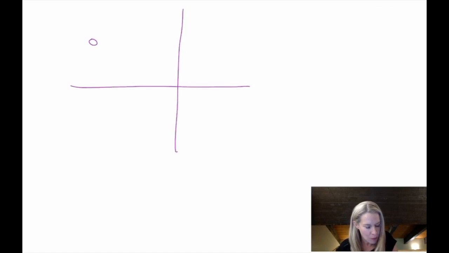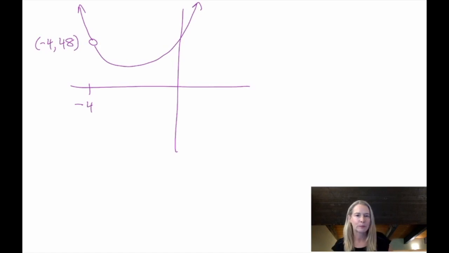And the graph looks something like this. We've got a hole, and then we have a parabolic curve. Again, just a sketch, but this hole here would be at -4, 48. The function is undefined there, but the limit from each side is approaching 48, so that limit does in fact exist.